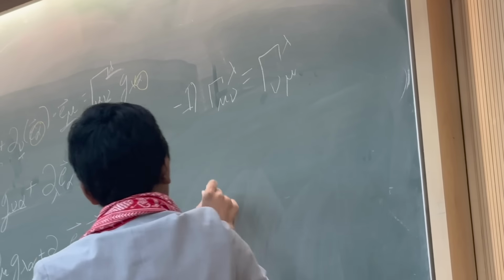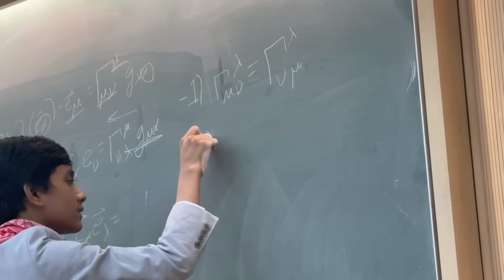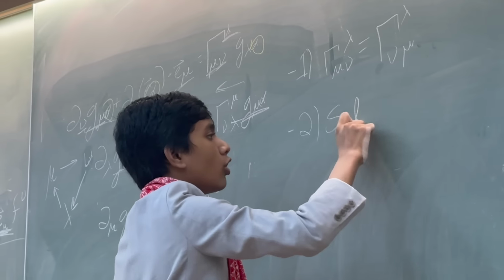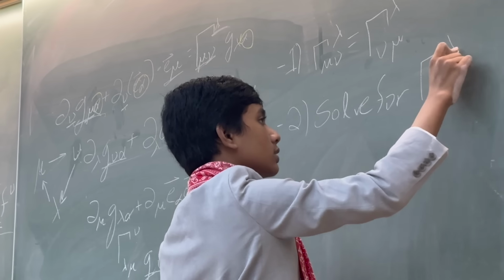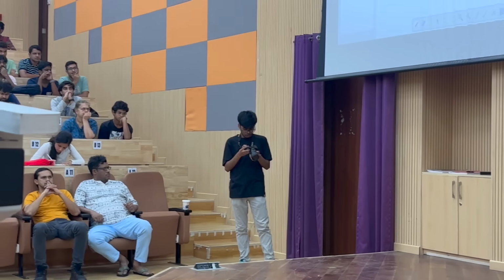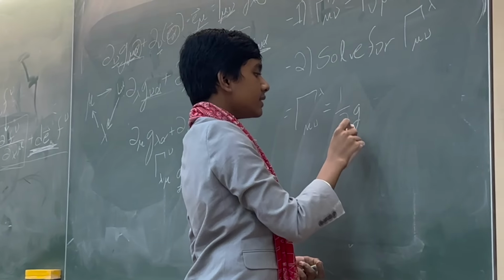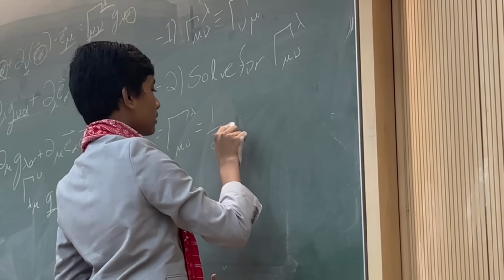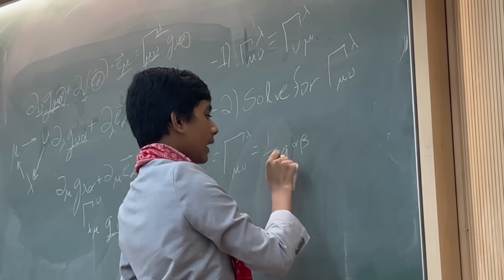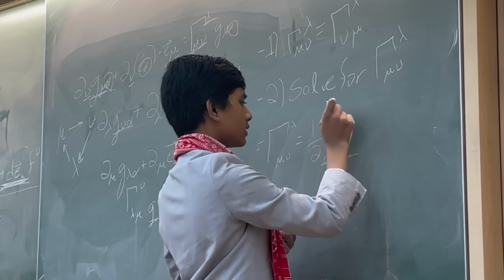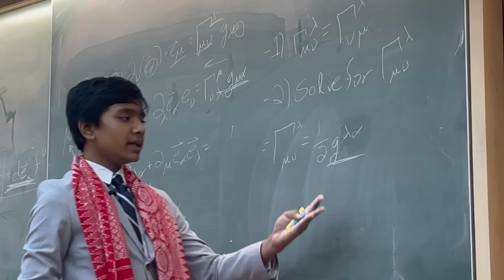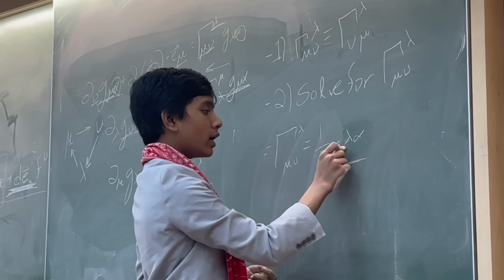Gamma alpha is equal to mu alpha lambda. Then, secondly, all we have to do is solve for the specific mu lambda. And it turns out this is going to be half times g alpha beta. And what we're going to do is, wait, no, is this alpha beta? No, pretty sure it's lambda alpha.